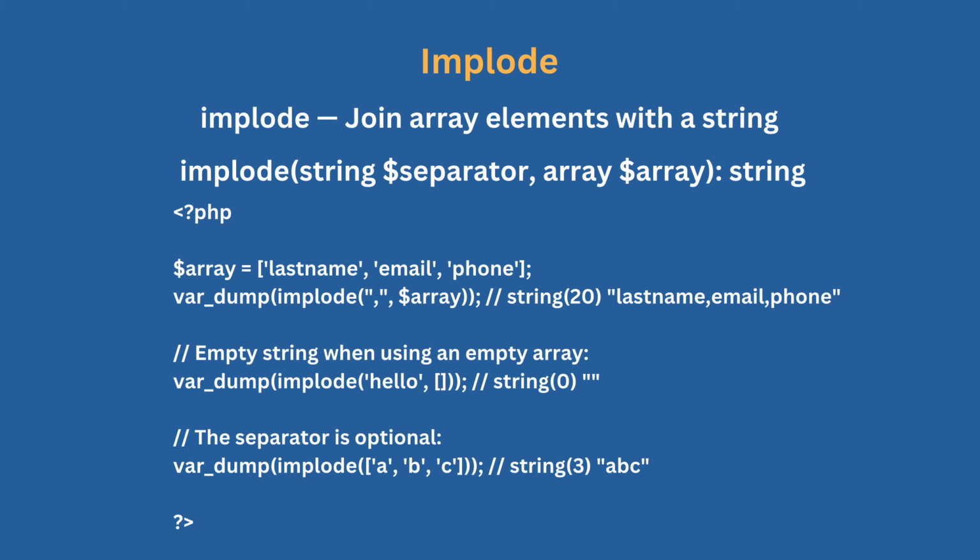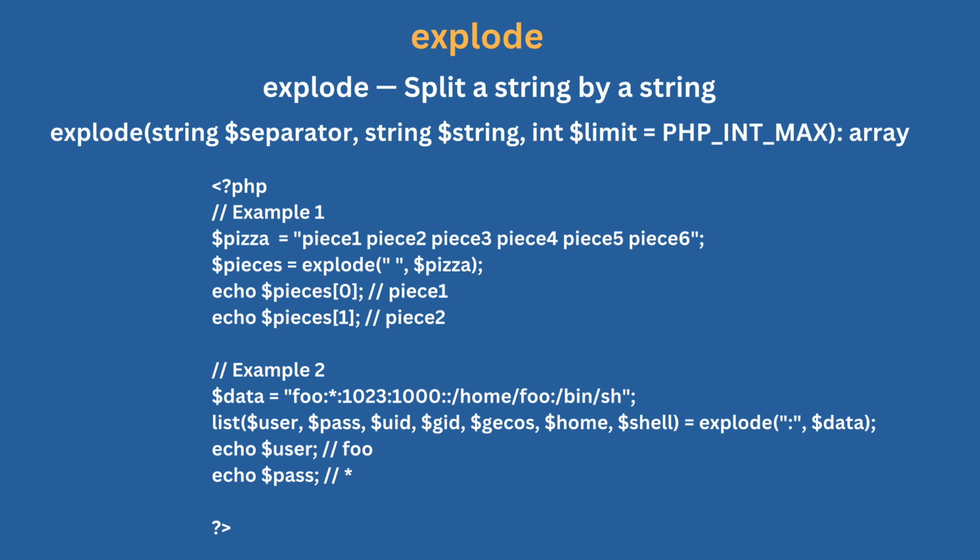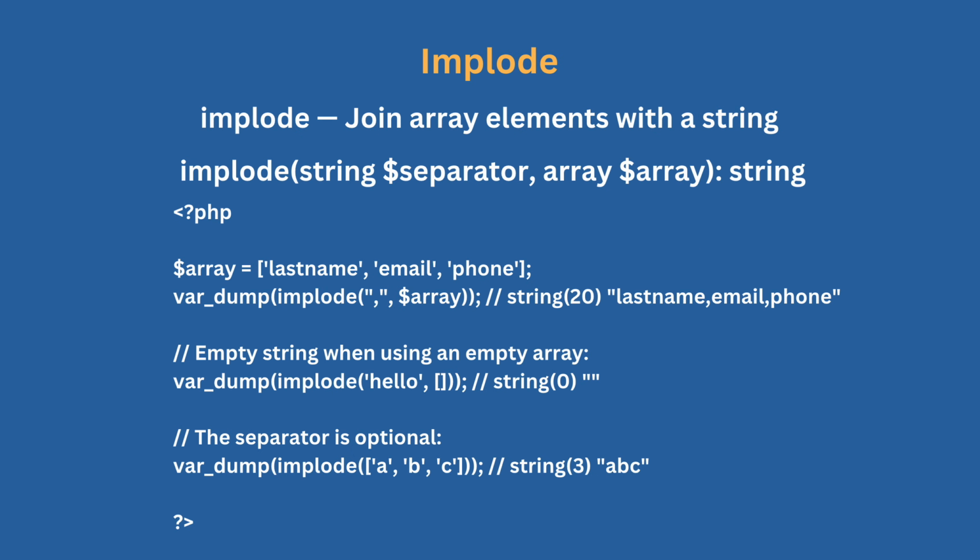Also, in arrays there are two functions. One is implode, and the other is explode. So what does implode do? It joins array elements with a string, right? What is the meaning of this?